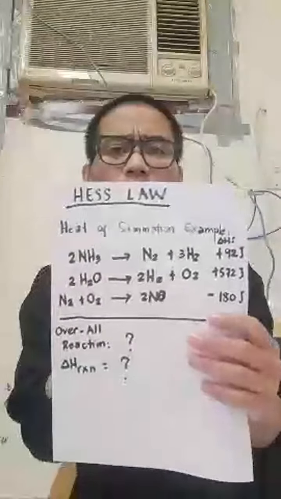Sometimes the standard enthalpy of formation is not yet given in the chemical reaction, and then we need to use this table, especially if the temperature is not mentioned. That means standard, which is 25 degrees Celsius, or 298 Kelvin, at 1 atmosphere.